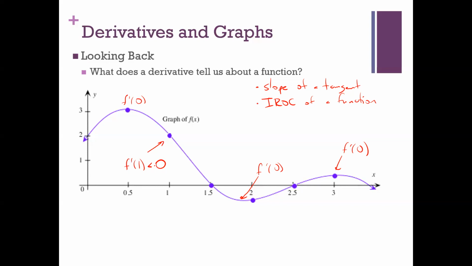Are there any points on here where you could say the derivative is positive? Actually, let's make it easy on ourselves. For example, f prime of 0 is positive, right?